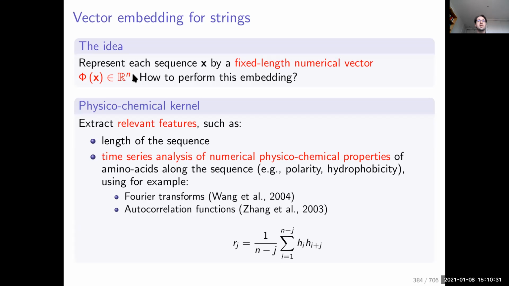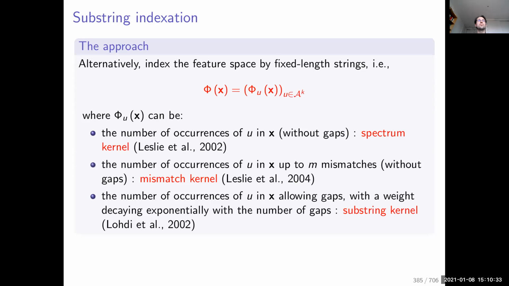Let us skip this and jump to this popular approach that consists of enumerating small patterns that are related to the sequence of interest. So consider our alphabet A. This notation here, A to the power of k, represents the patterns, meaning the sequences of letters of size k, simply a pattern of k letters.